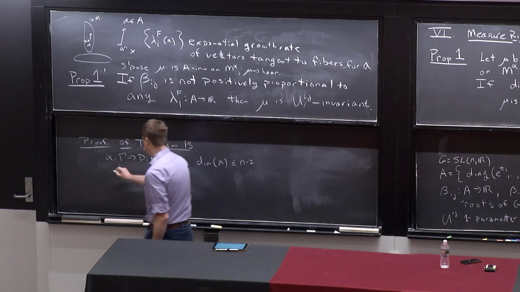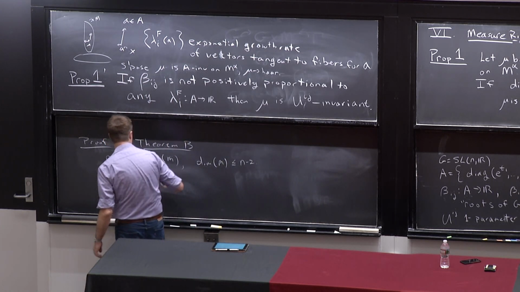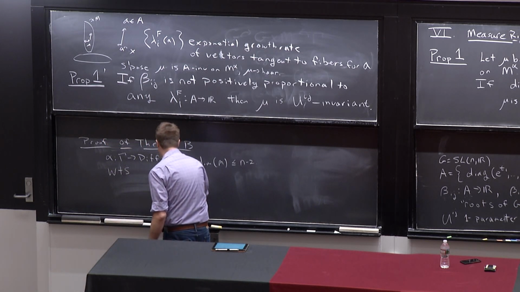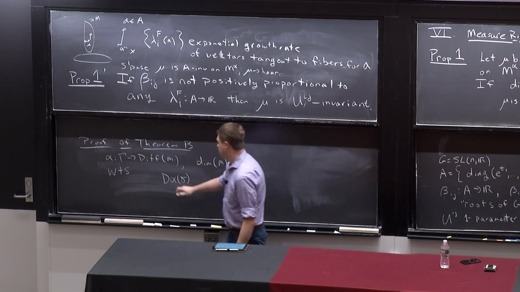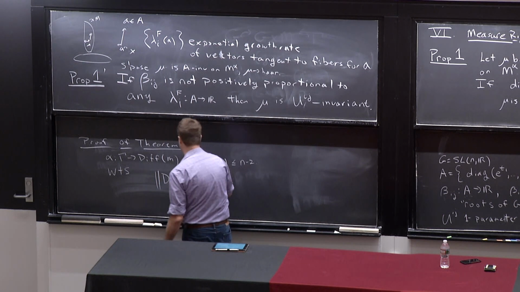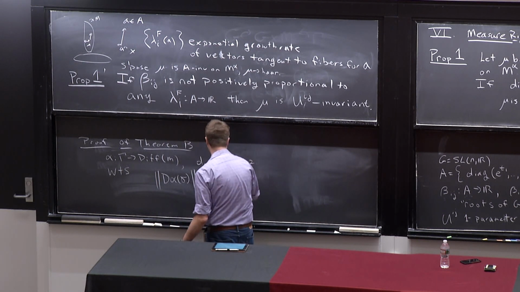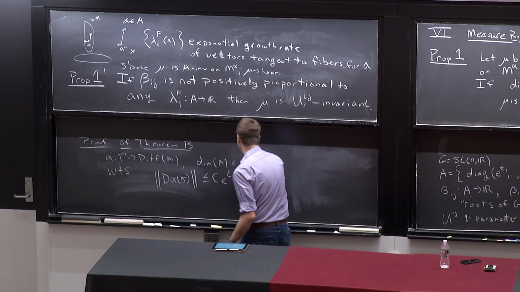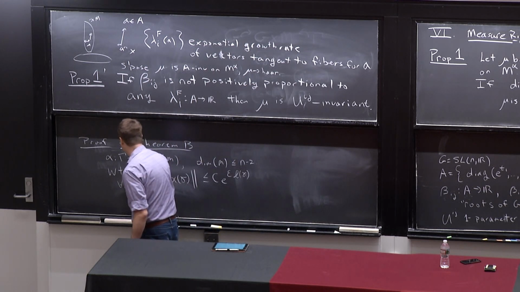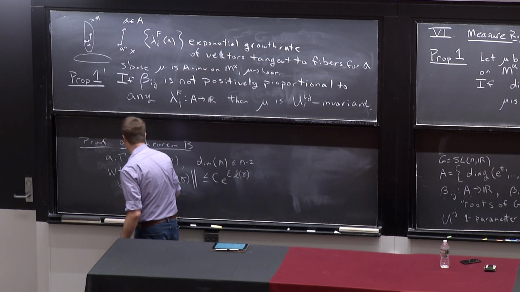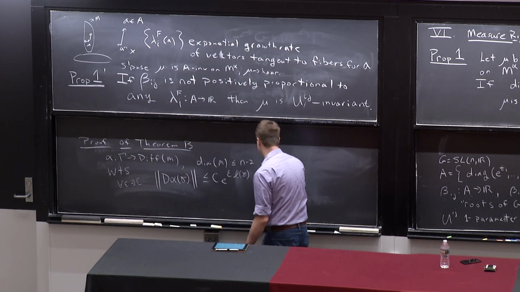And then I want to show that if I take the derivative of the corresponding element gamma, if I take the norm of this, that this is at most c e to the epsilon, the word length of gamma. And of course, there's quantifiers, so for all epsilon, there should exist a c where this is true.